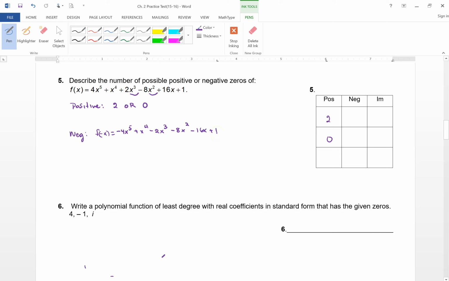So now the number of times that there is a sign change is 1, 2, 3. Okay? So for negative, we either have 3 or 1. You must always go down by 2's until you can't subtract 2 anymore and get a positive number.